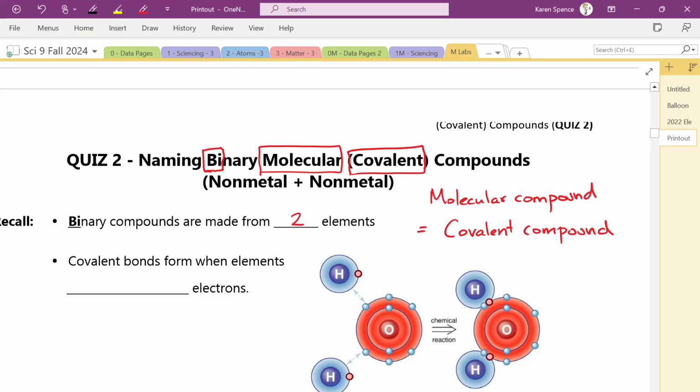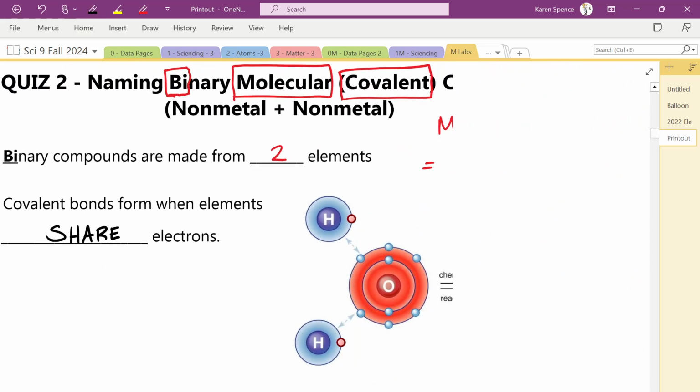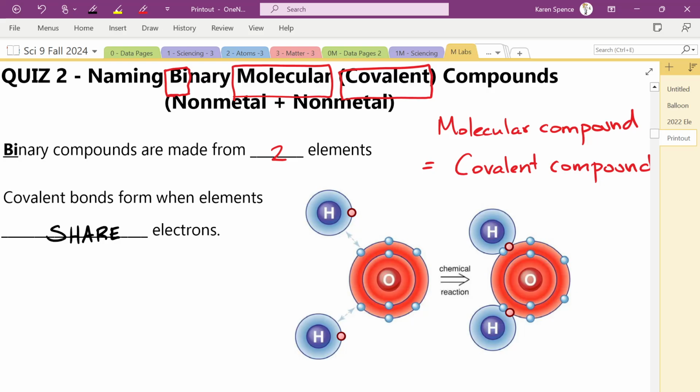Now, this is just a little bit of review for your test on Monday. Covalent bonds form when elements do what with their electrons? They share. Okay, so here's a little water molecule. We're showing that we're going to share these electrons and share these electrons, and we form a covalent bond.